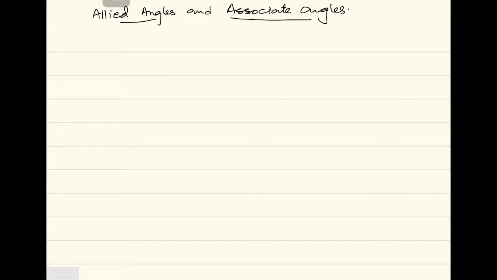You just know the values of standard angles: 0 degree, 30 degree, 45, 60 and 90 degree, and somehow you would know 180, 270 and 360. We have included those in the standard table. Now I may ask you to find the value of some other allied angles or associate angles or higher trigonometric values. So we'll learn about those in this particular topic.